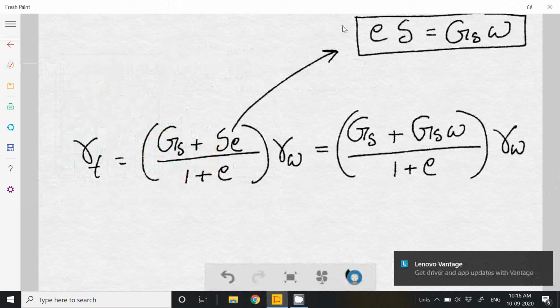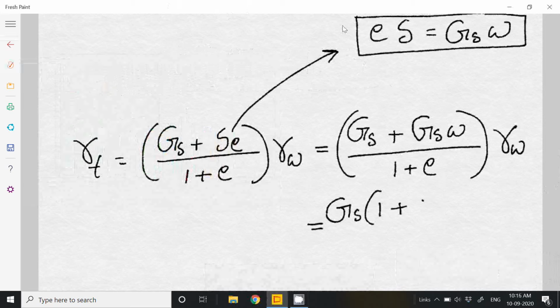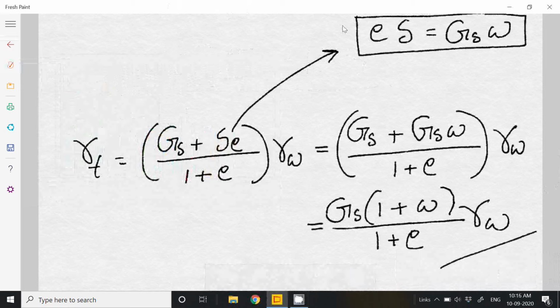Then ultimately, specific gravity I can take common by 1 plus e. So this is another form in which you may find the formula for bulk unit weight. Either you can use this one, or you may have to use this one. I hope I am clear with it.